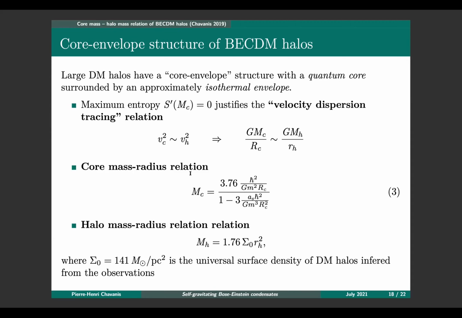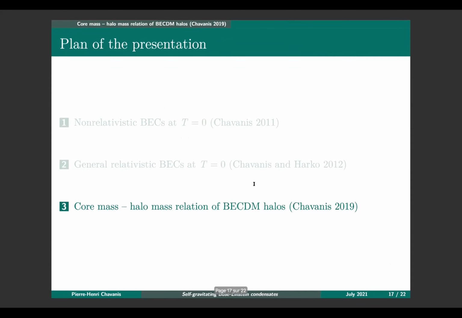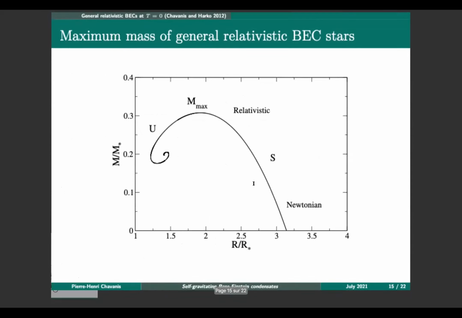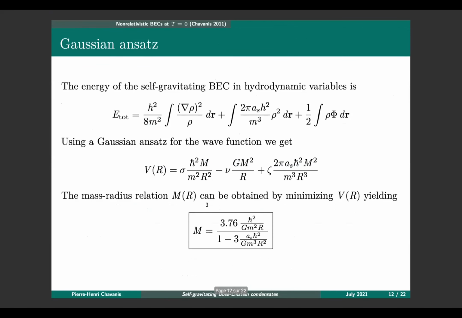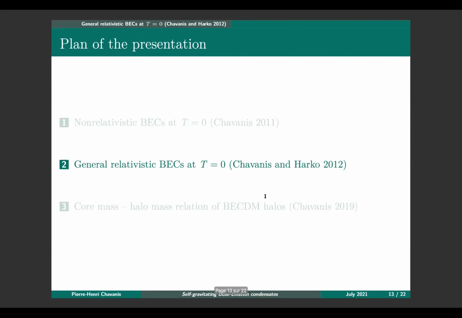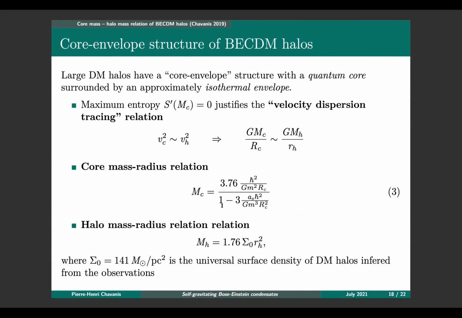Now we have the following relation between the core mass and the core radius. This is the mass-radius relation that I showed previously here, and which can be obtained from an analytical model. So we have this simple mass-radius relationship.